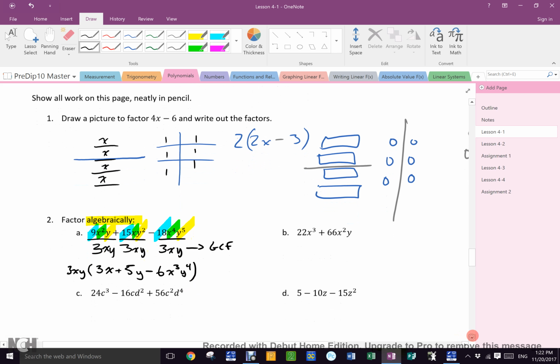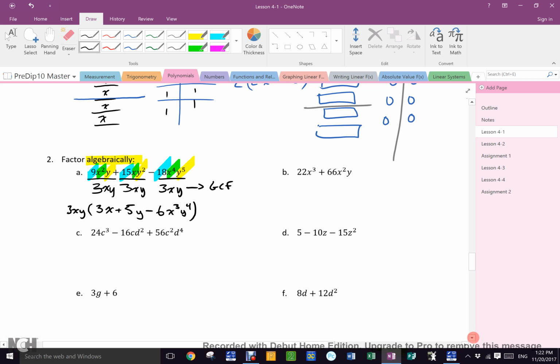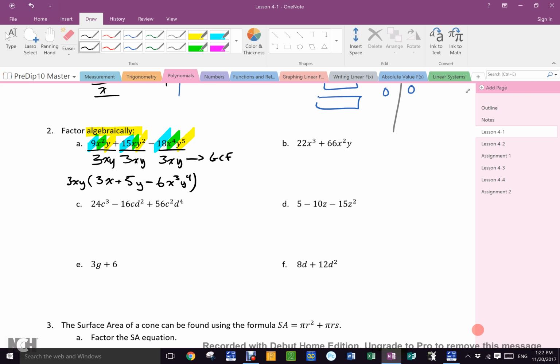So now I am just going to put down the right answers, and you are going to simply check your work. This is 22x squared times x plus 3y. This is 8c, 3c squared minus 2d squared plus 7cd.